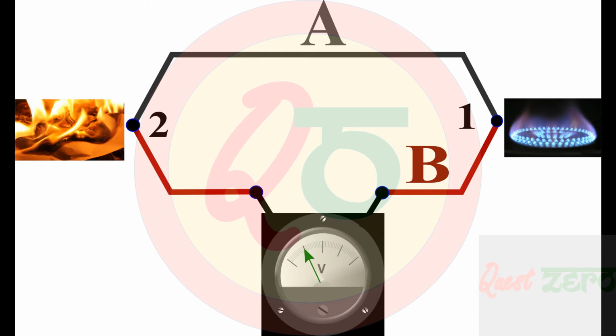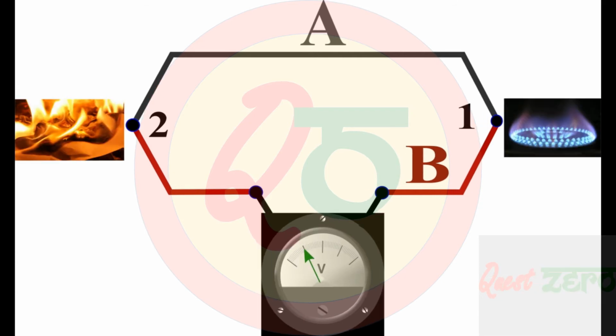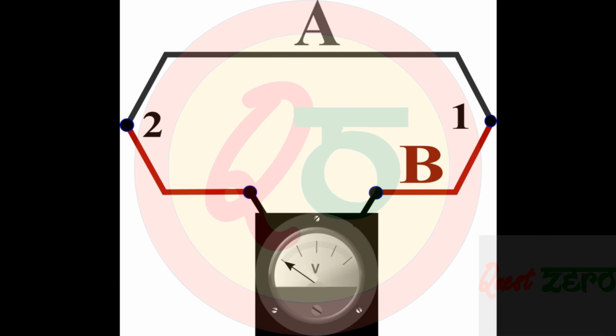But remember, the temperatures of junction 1 and junction 2 are not the same. Hence, because of this temperature difference, an EMF will be generated. If you observe the voltmeter, it shows a reading because of the temperature difference. This is a small animation wherein you can observe the increase in the voltage because of the EMF being generated.